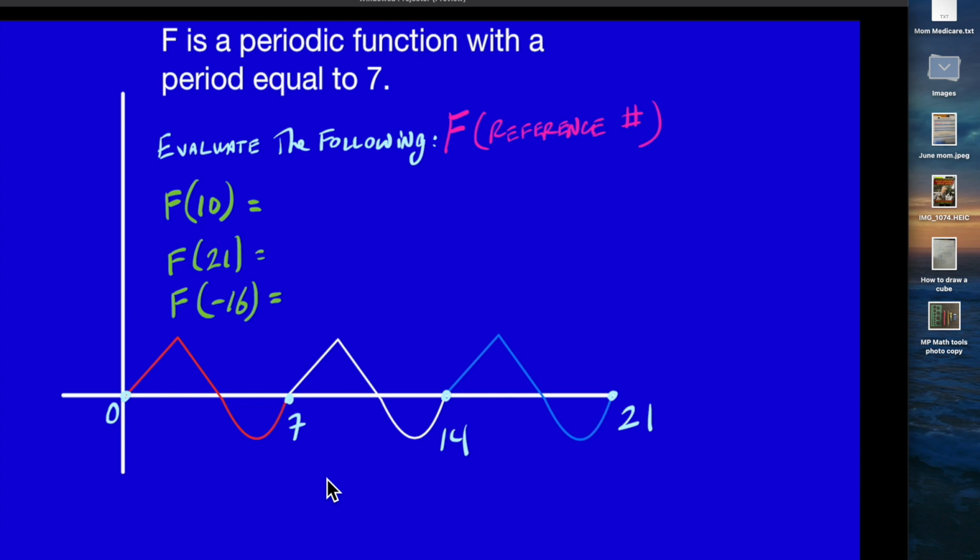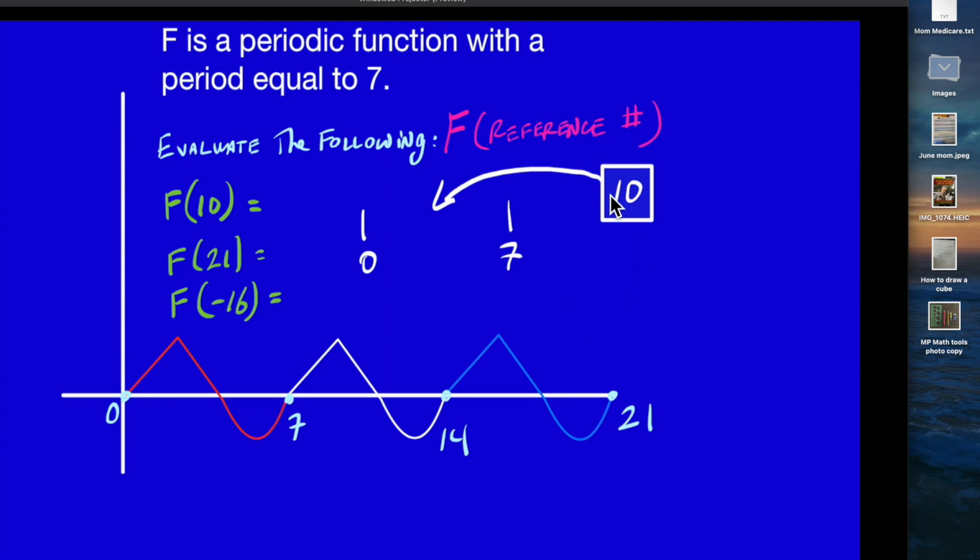The answer is you can only move from out of the reference zone into the reference zone using multiples of the period. So if our reference zone is between 0 and 7, and they gave us an input value of 10, we need to get into the reference zone. But we can't just go willy-nilly and jump in here.